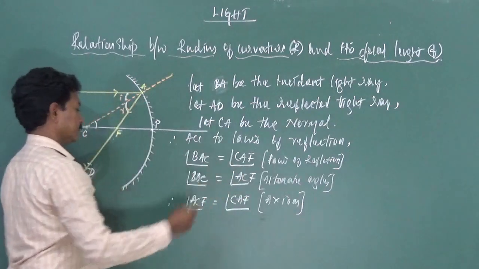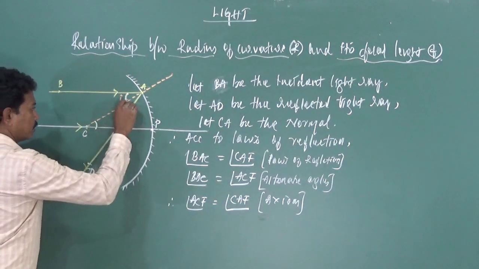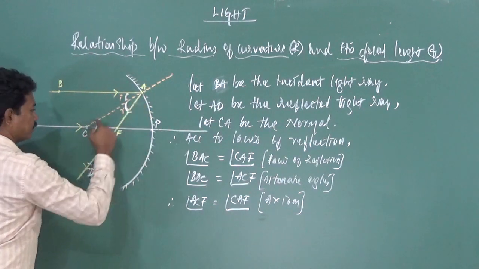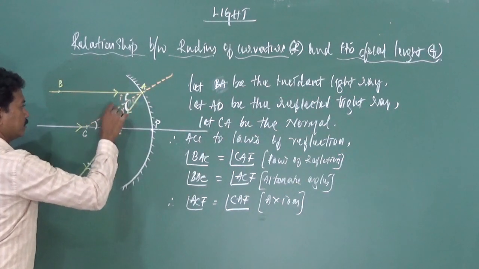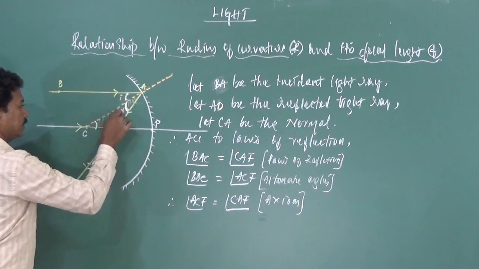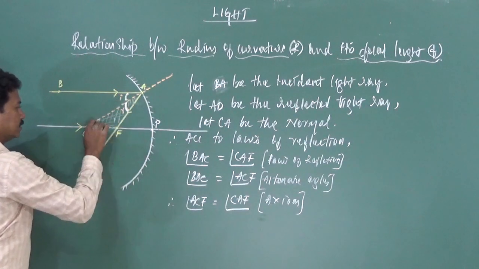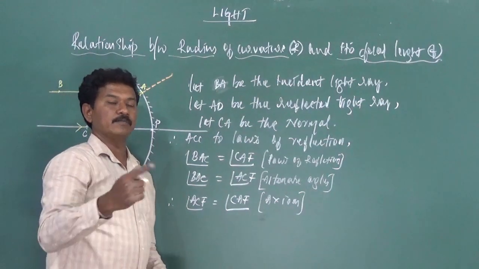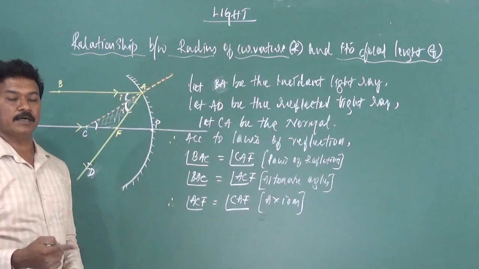As these two angles are now equal to each other, in triangle ACF, I hope you can see this triangle now, two angles have become equal. In your previous classes you have come across this proposition as a theorem.